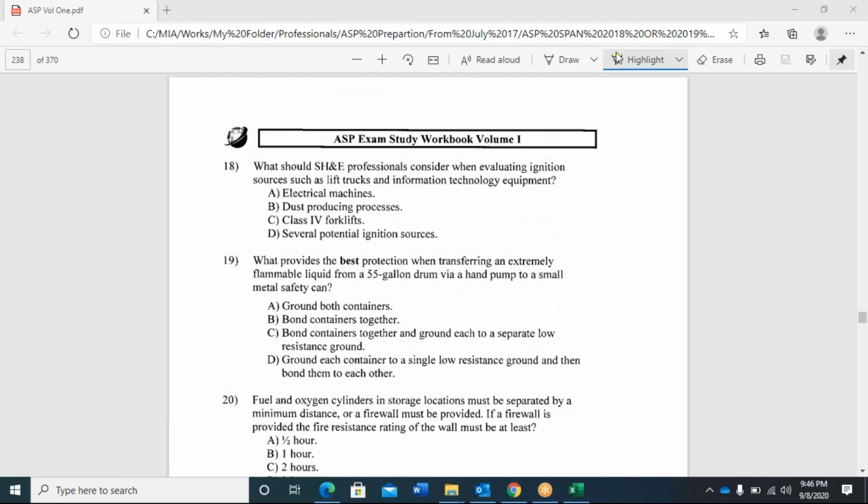Yes, it is also. What's the location? Electrical machines are not the ignition sources, I think.